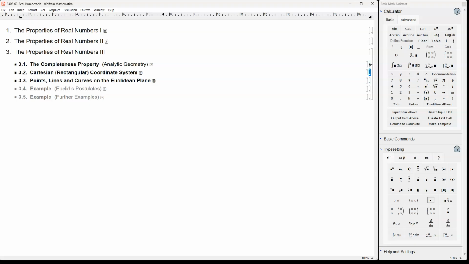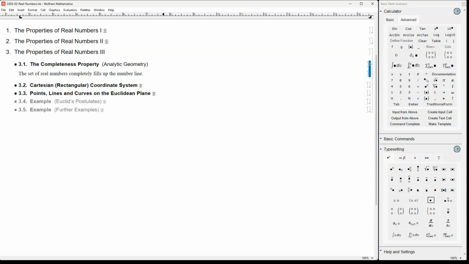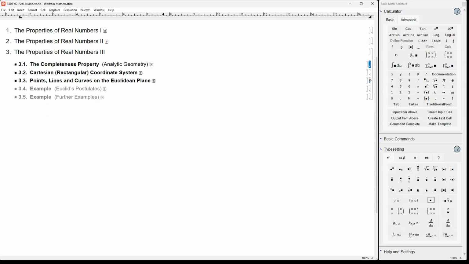And they're all coming from this. Lines correspond to real numbers, and the real numbers have all the arithmetic and ordering properties. So a lot of geometrical properties can be translated into arithmetic or algebraic properties so that we can apply some algebra to answer geometry questions.